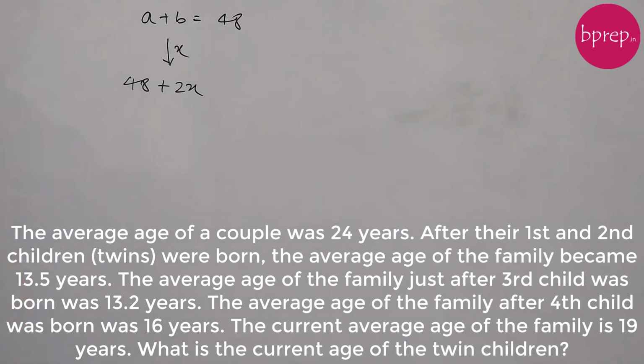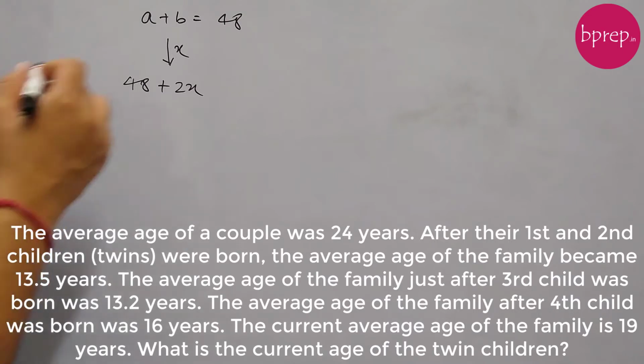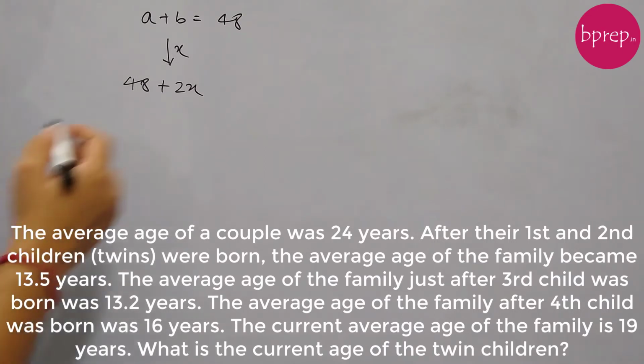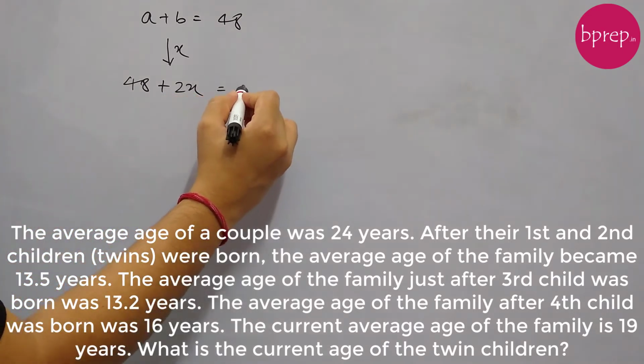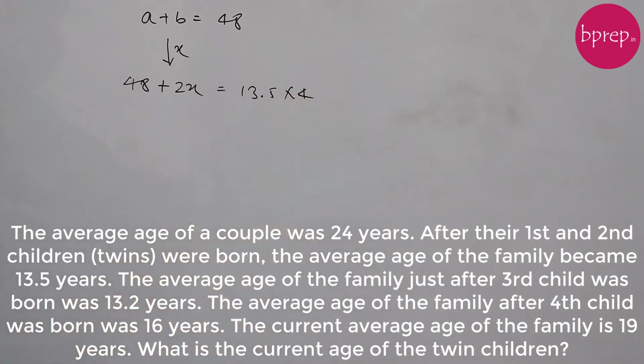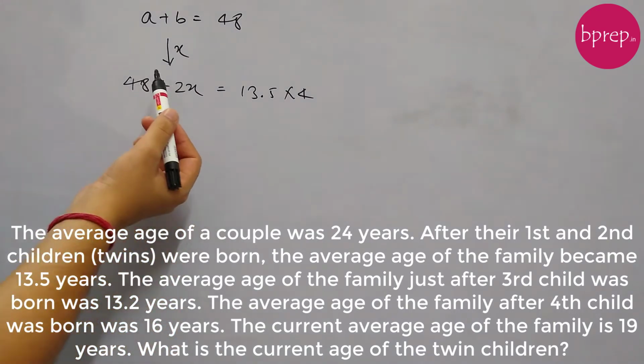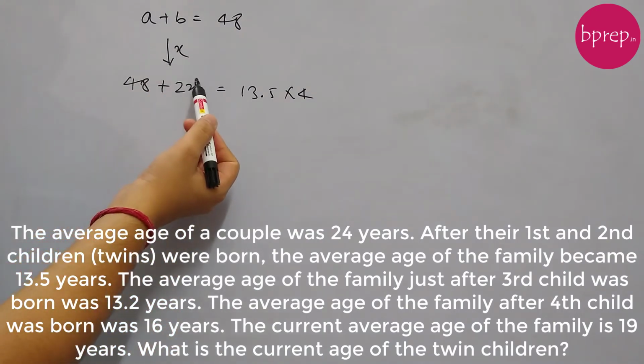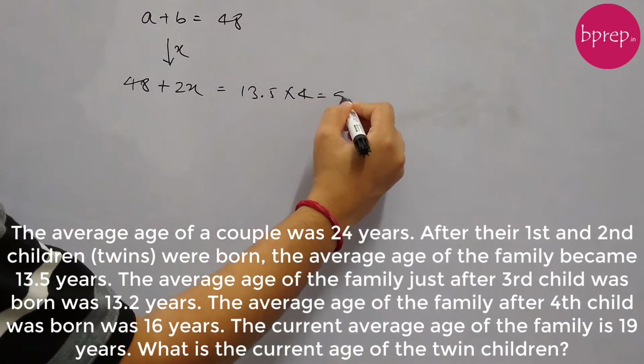But the average age of the family is 13.5. So in the family they have got two more members now. Right. So this is 13.5 into 4. Because there are 4 members now, and the 2 new members' age is 0 at the moment, so this is 54.